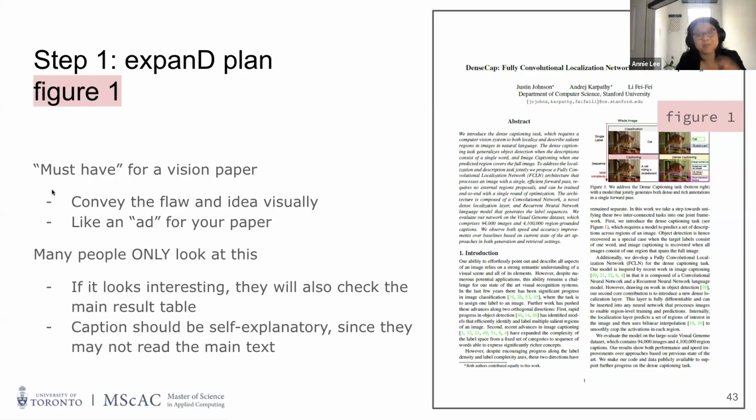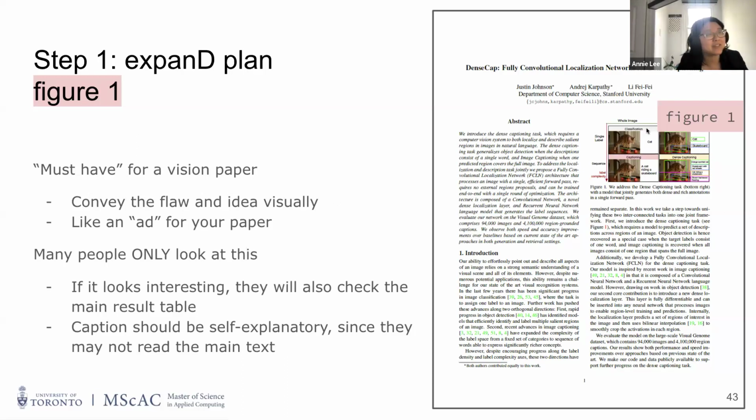If you look at some of our Nature papers, the figures are really visually pleasing. It's a must-have for a vision paper. This image conveys the flaw in the state of the art, plus the contribution, the new idea in the paper, visually at the same time.